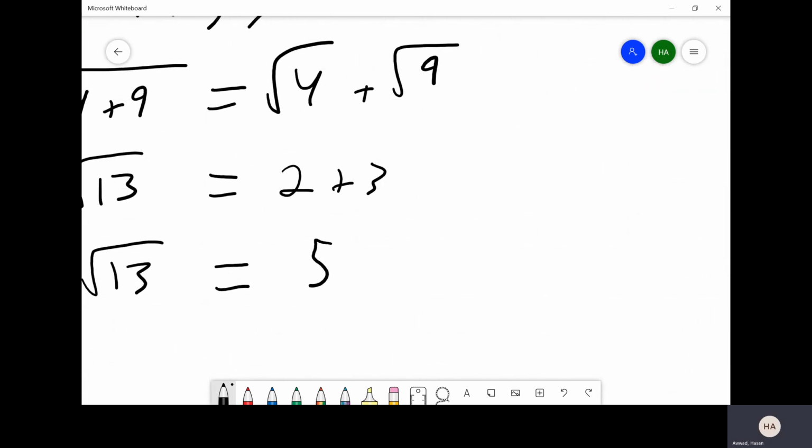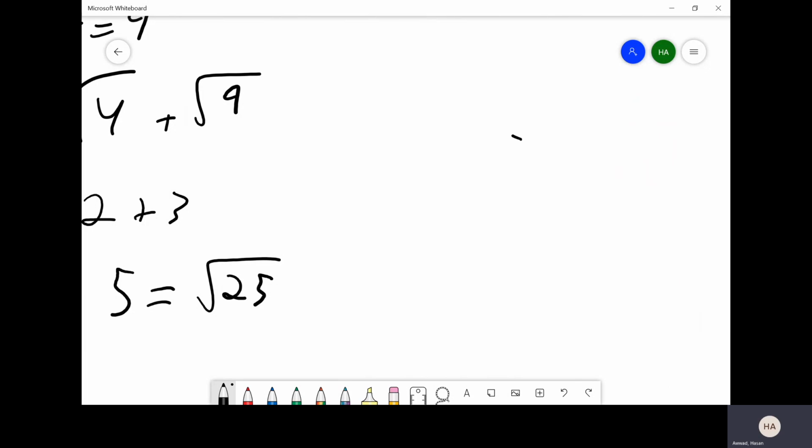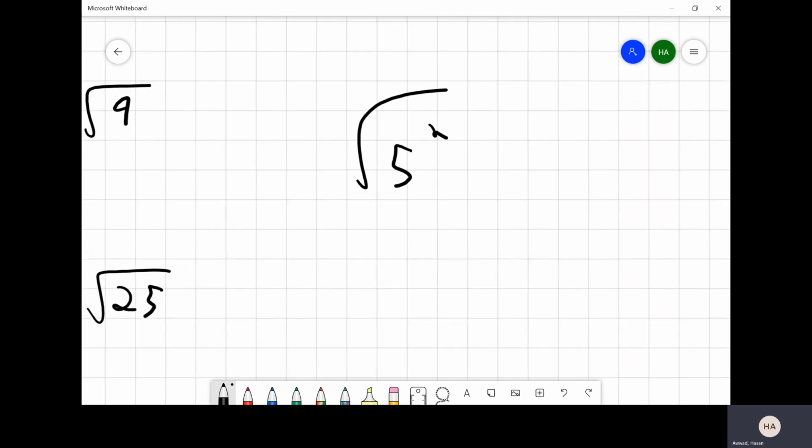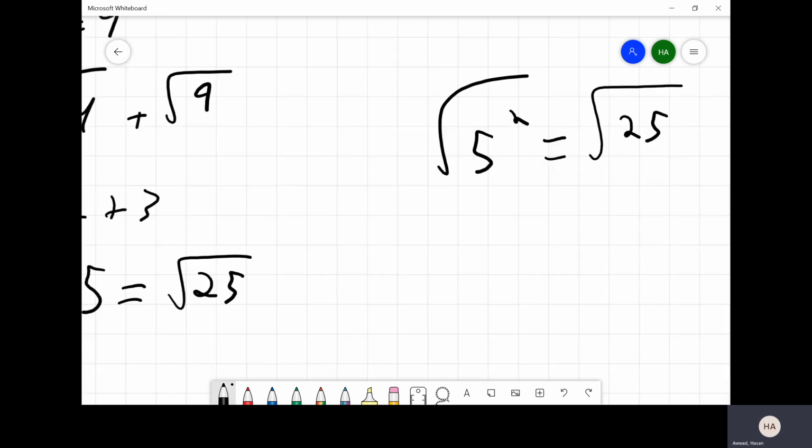Well, we know that 5 is the same thing as the square root of 25, because if we have the square root of 25, it simplifies down to 5. Essentially, all I did here was, in my head, say that 5 is the same thing as the square root of 5 squared. I'm applying an exponent and taking that exponent away, but I'm just making this the square root of 25.